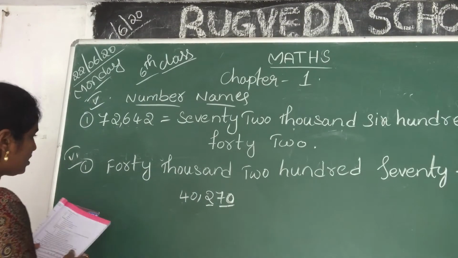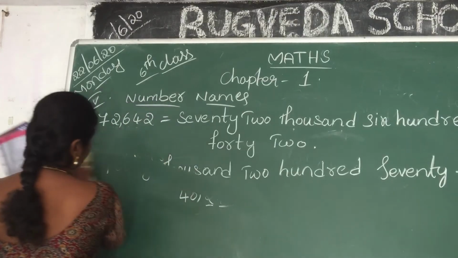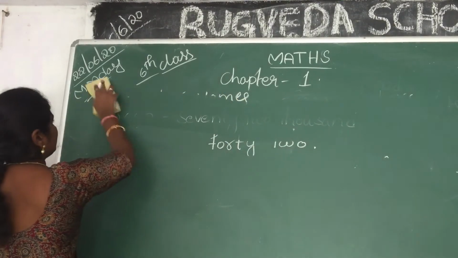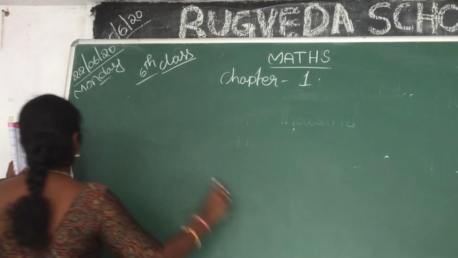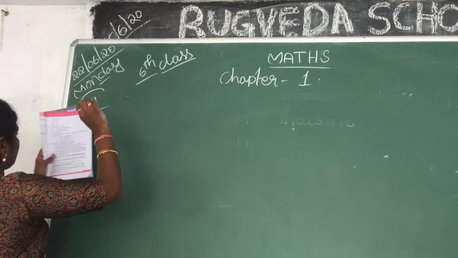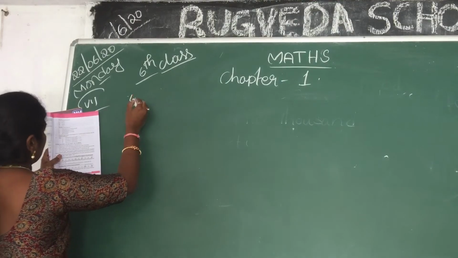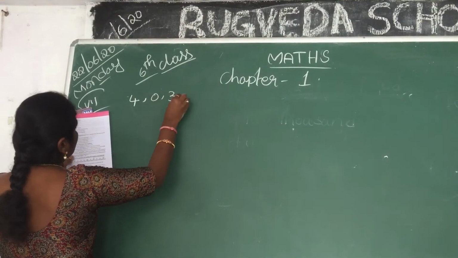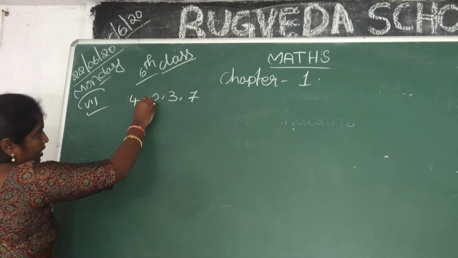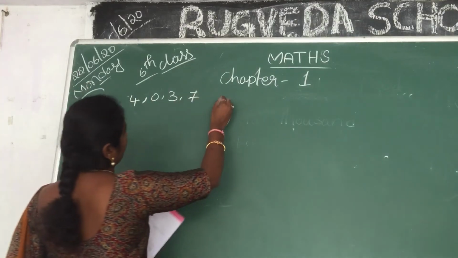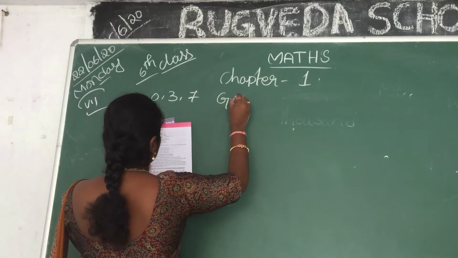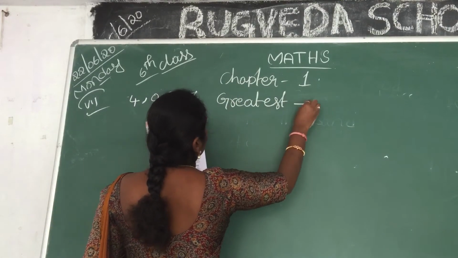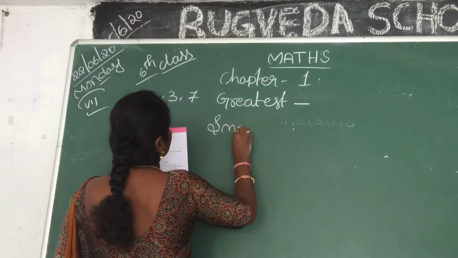And next, seventh bit. Here given some digits 4, 0, 3, 7. Using these digits you have to find one greatest number and one smallest number.